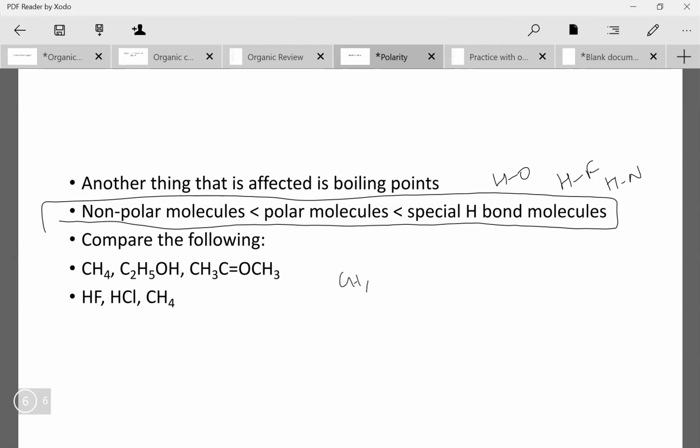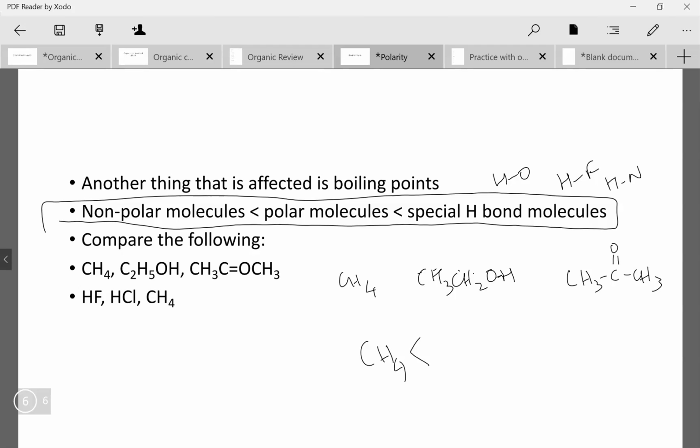You have CH4, you have CH3CH2OH, which is abbreviated as C2H5OH, so you see the special O-H bond here. Then you have propanone, which is CH3C double bond OCH3. These are the three I'm asked to compare. Non-polar molecules will have the lowest boiling point.